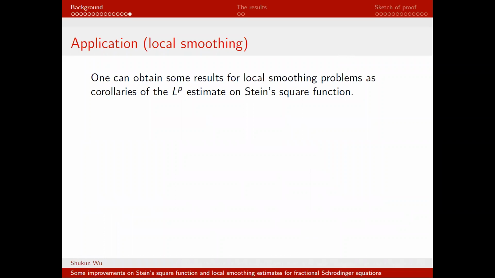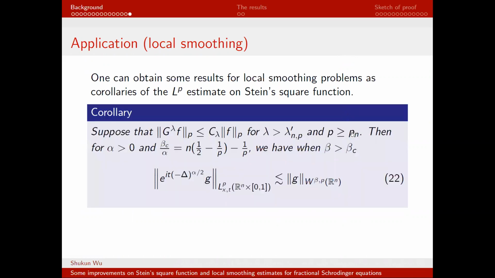Okay. So Stein's square function actually implies some results for the local smoothing problem. Here's the corollary. Suppose that we have this L p estimate for Stein's square function at the sharp endpoint of lambda, when p is greater than the endpoint p n, then for any alpha greater than 0 and beta c satisfying this equation, we have the following estimates.